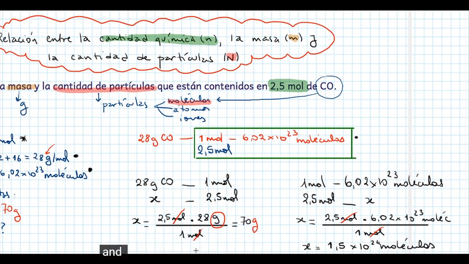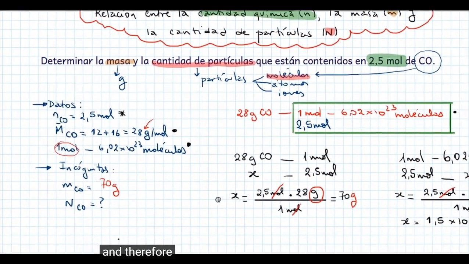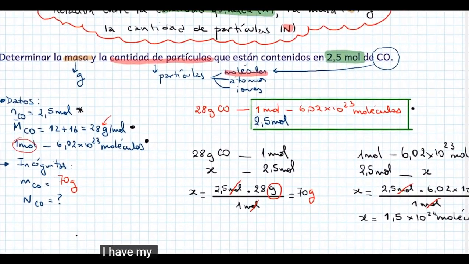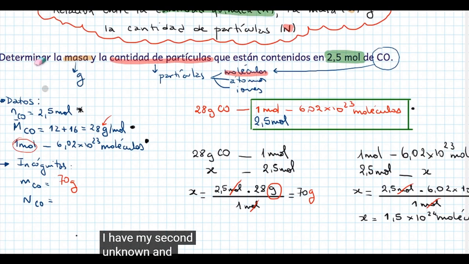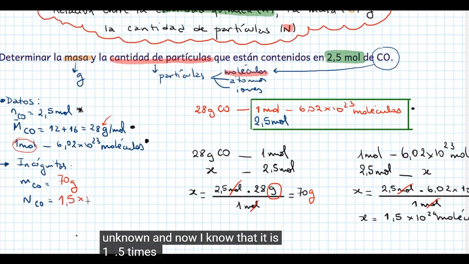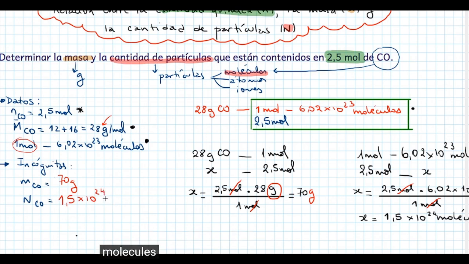And therefore, I have my second unknown, and now I know that it is 1.5 times 10 to the 24th molecules.